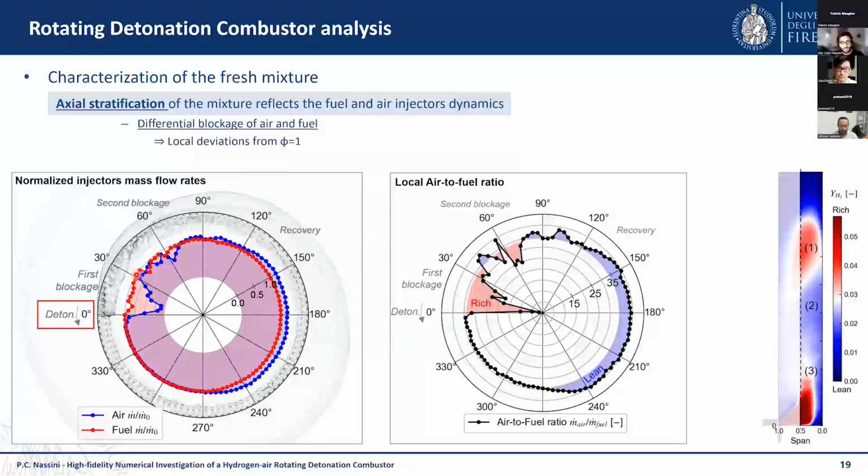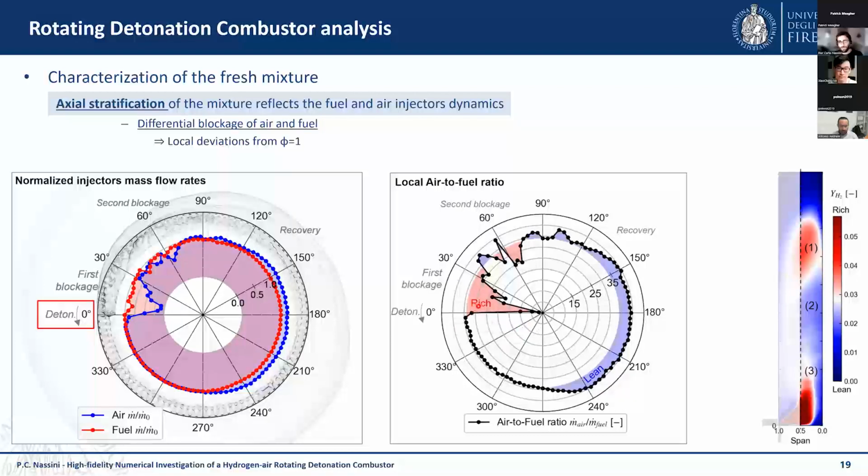On the other hand, the air is very differently affected, so we have a very huge blockage of the air injector. Of course, this is due to the different geometries of the injectors, but this is also leading to very high imbalances of fuel and air ratio.